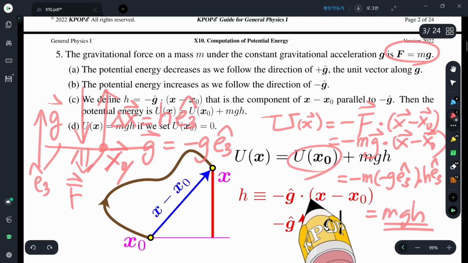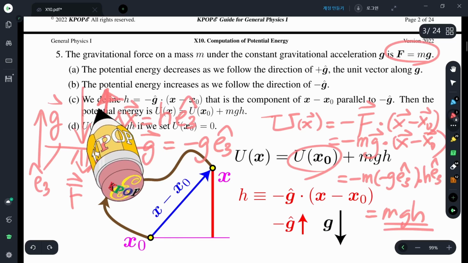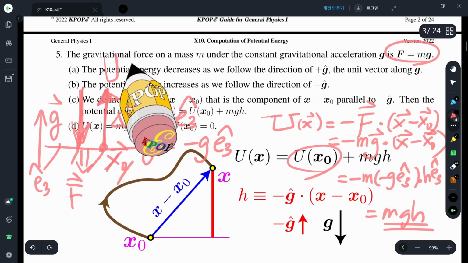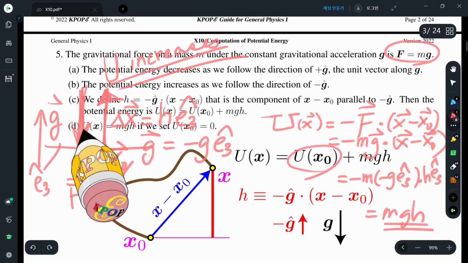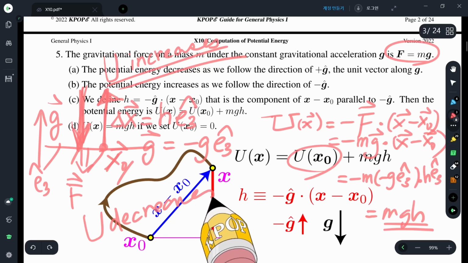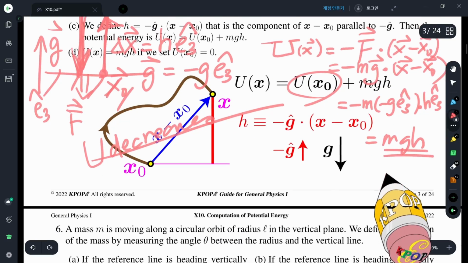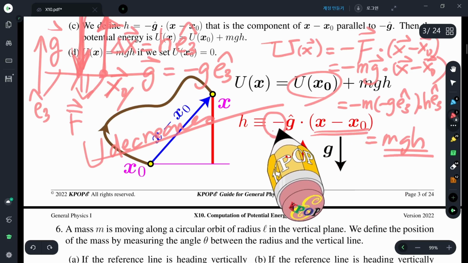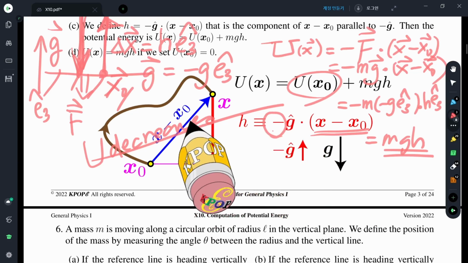That means as we go in the opposite direction to the direction of the force, potential increases. If we follow the direction of force, U decreases. So this negative sign means the displacement must be opposite to the gravitational field to increase the potential energy.